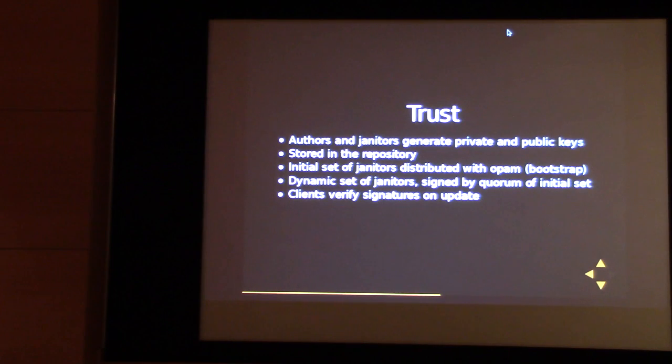How does the establishment of trust look? Well, both authors and janitors will need to generate private and public key pairs, and the public part of that is stored in the repository. The initial set of janitors will be distributed with OPAM itself, but the set of janitors is dynamic, so it must be signed by the initial set distributed with OPAM.